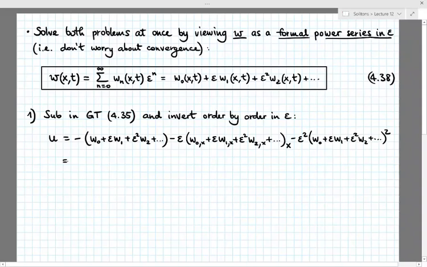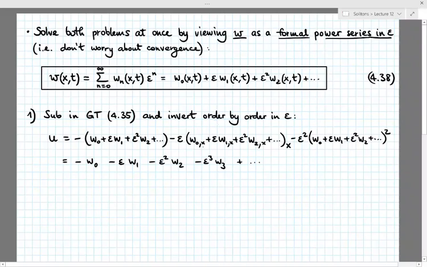So first of all, the only term which is of order epsilon to the 0 is minus w_0 coming from the first term. Next, let's write down the first few terms in the first bracket. That would be minus epsilon w_1 minus epsilon squared w_2 minus epsilon cubed w_3, and then I'll stop.